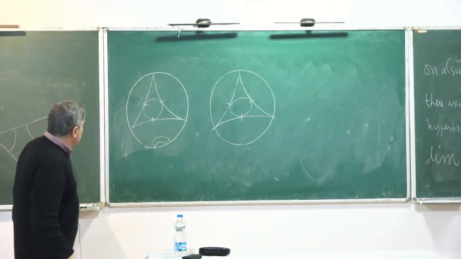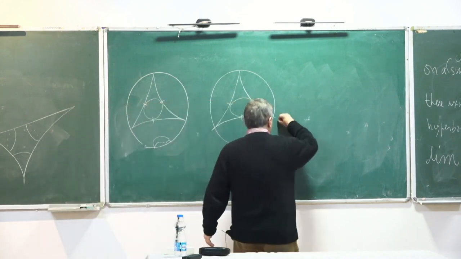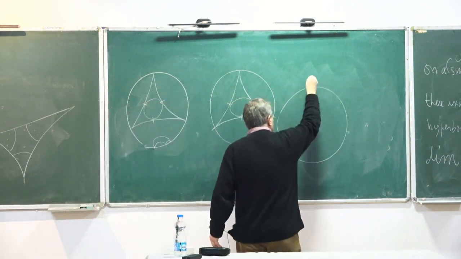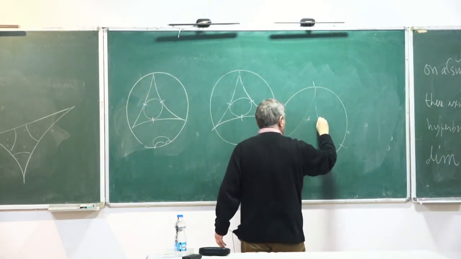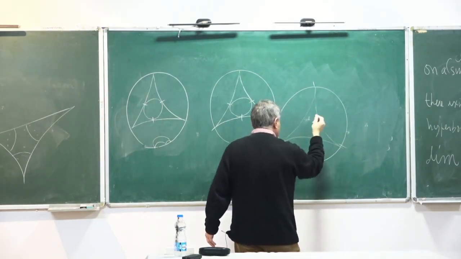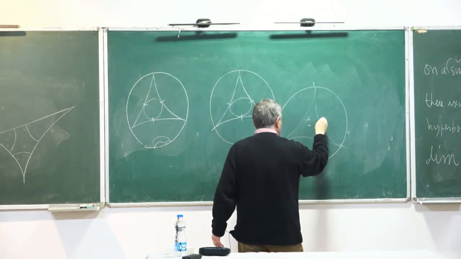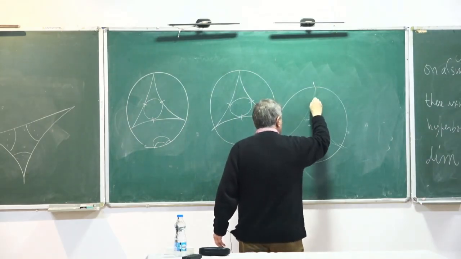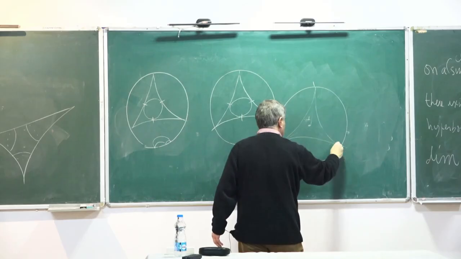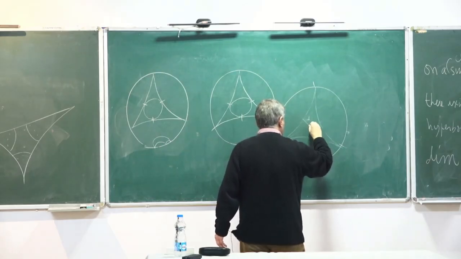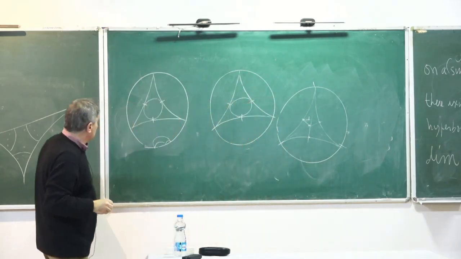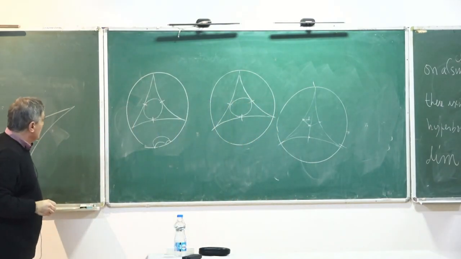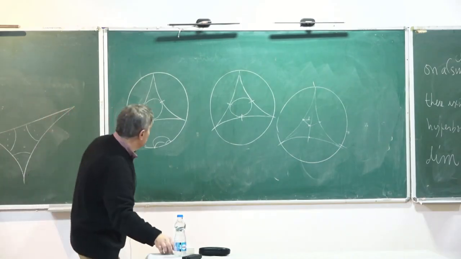All of them are the same. So I take the most symmetric one, which has, by dividing my circle into 3 equal parts, this one and this one and this one, then it's clear that there's a center. There are many symmetric things I can do. I have these 3 points. Okay. So now I said I take 2 of these.